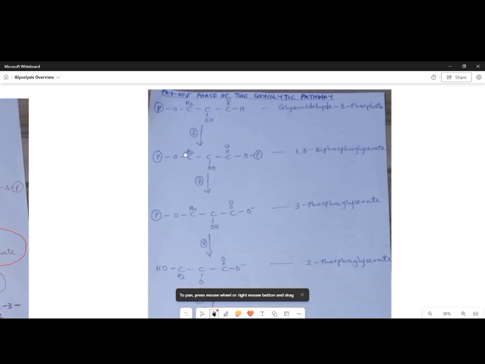So you notice that this aldehyde group has been converted to a carboxyl group, here with a phosphate group attached.